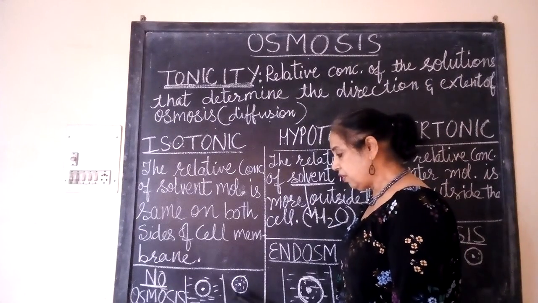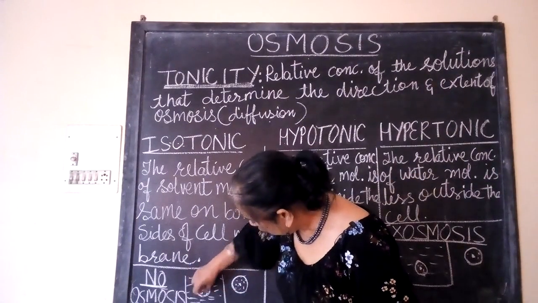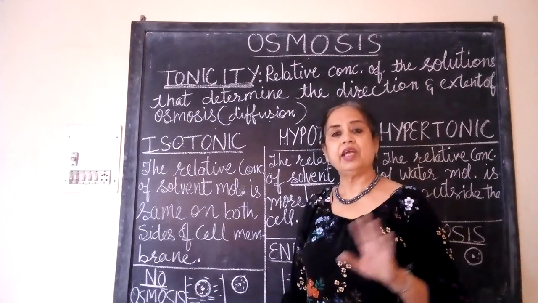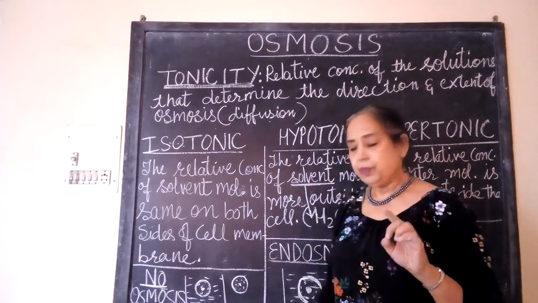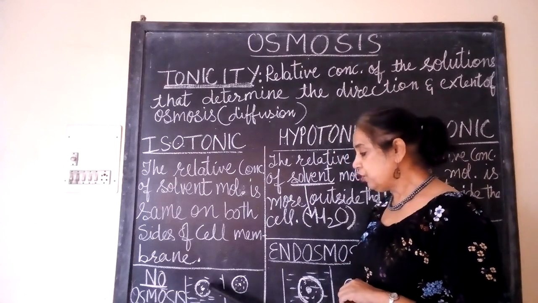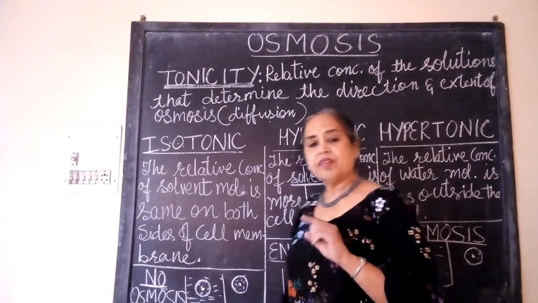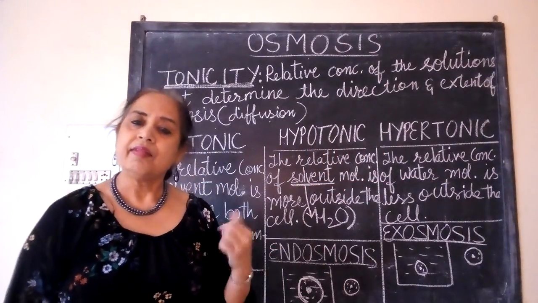You see, this is the cell, and when you keep it in this solution, you find there is no change in the size of the cell. It means the solution in which you have put this cell has the same amount of water as there is inside this cell.